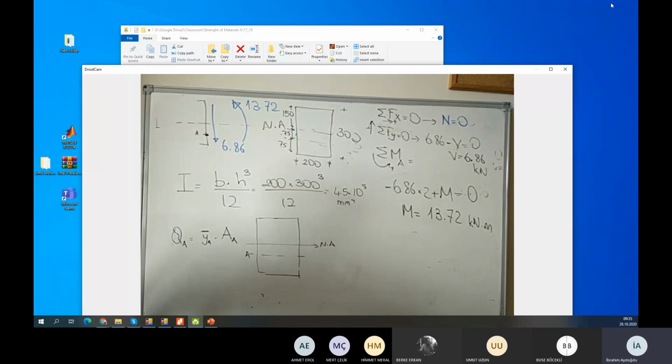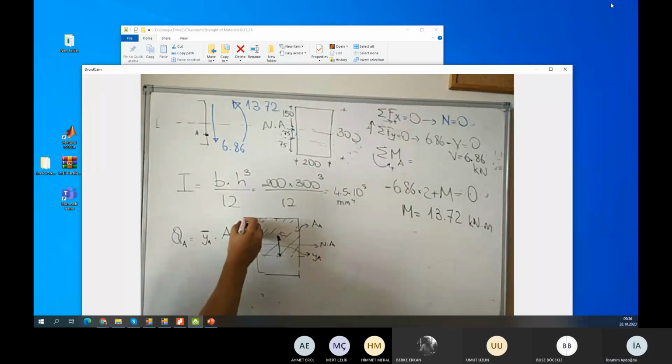This is my point A. The area is this shaded part, this one is area A. This is the centroid of the shaded area, and I write it as C. The distance between point C and point A is Y A.